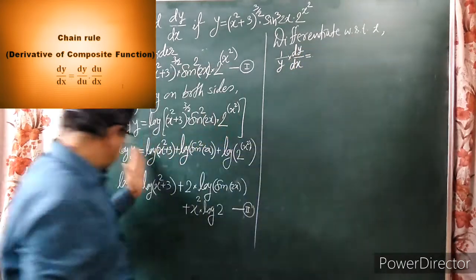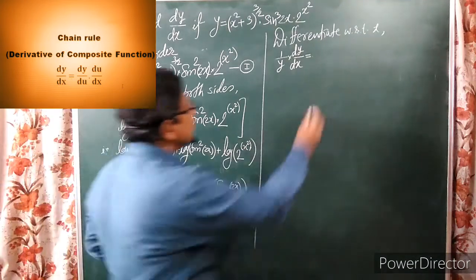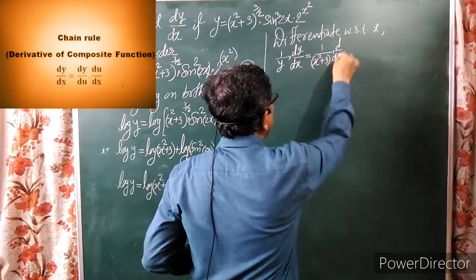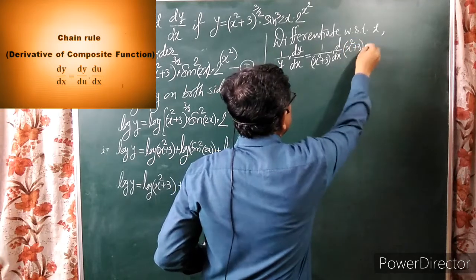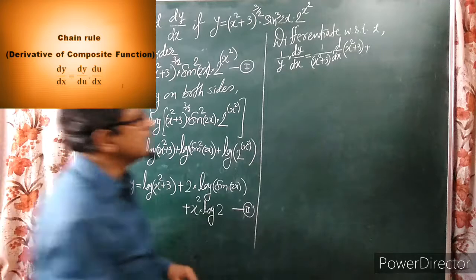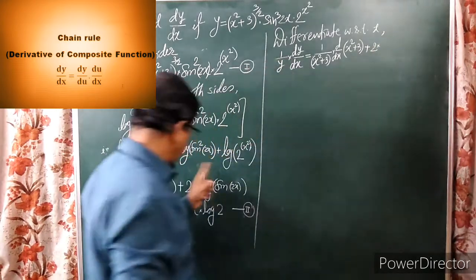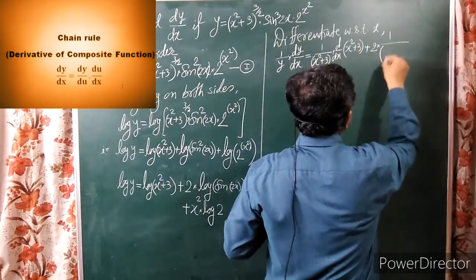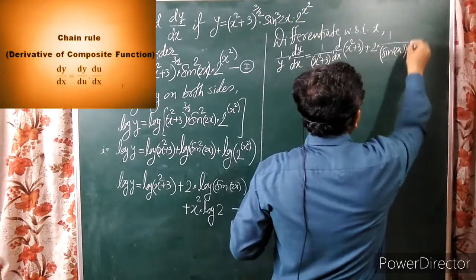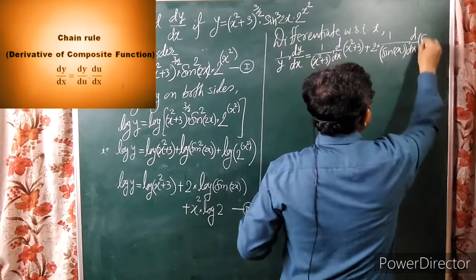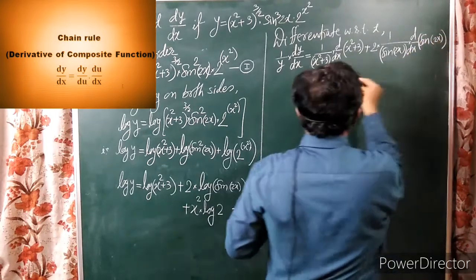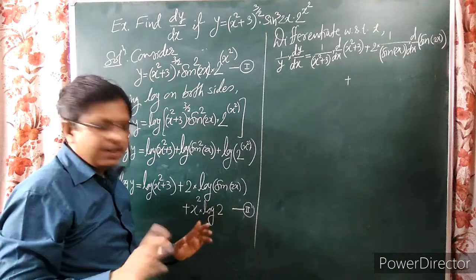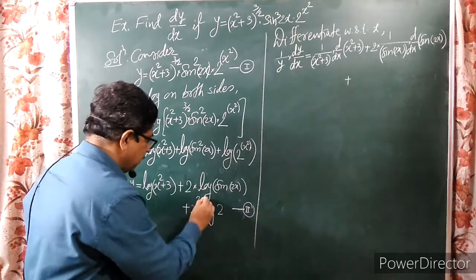It is equal to the derivative of log of x square plus 3. So it is 1 upon x square plus 3 into d by dx of x square plus 3 plus 2, the constant, बाहेर तसाच लिहिला, डेरिवेटिव ऑफ log of sin 2x जो असेल तो डिनॉमिनेटर मध्ये येणार आहे, 1 upon bracket this is sin of 2x into d by dx of bracket this is sin of 2x by chain rule plus this x square and log 2. इथे मात्र वेगळं काही करायची गरज नाहीये, कारण हा log 2 हा कॉन्स्टंट आहे.